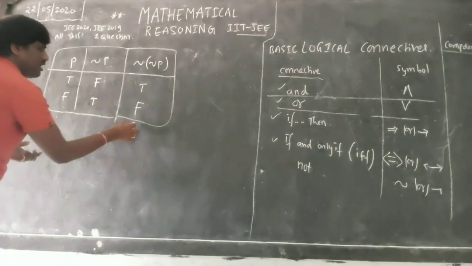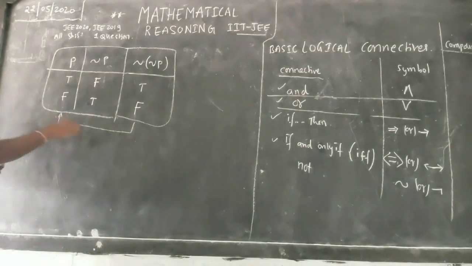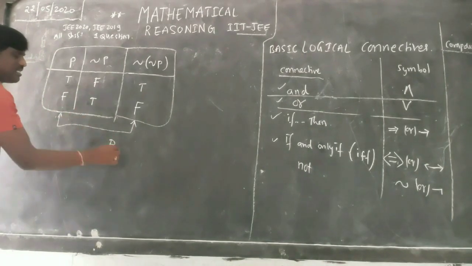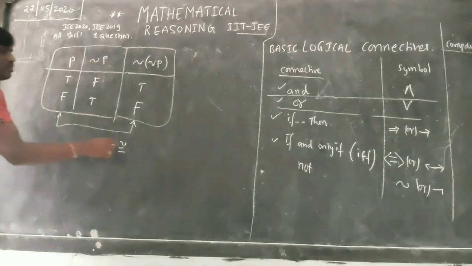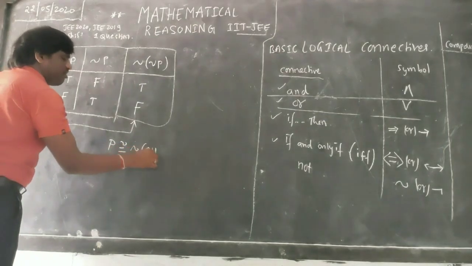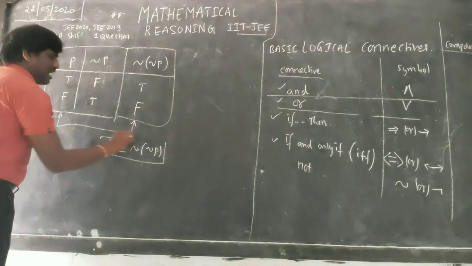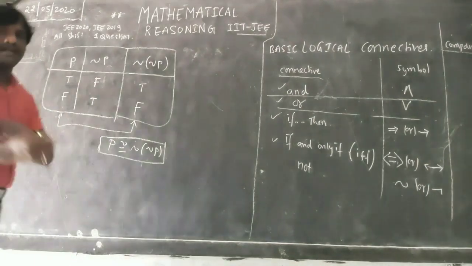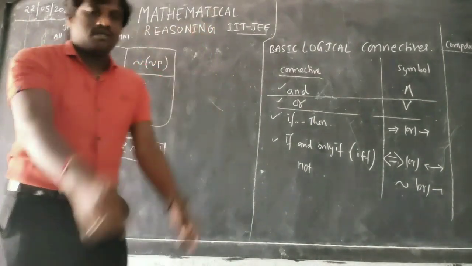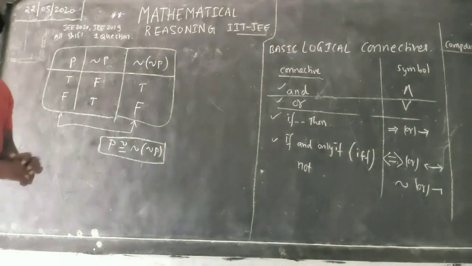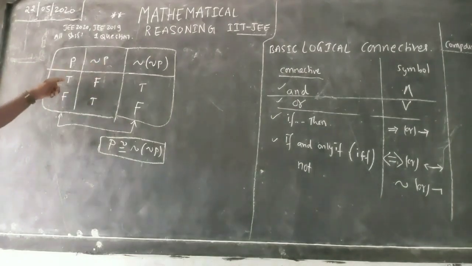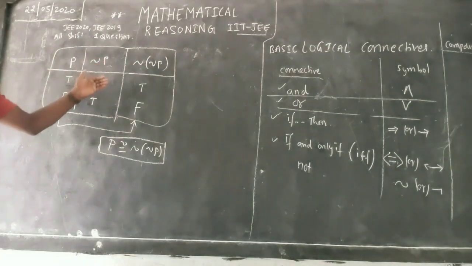What you observe is that these two are identical to each other. It means I can say that P is equivalent to negation of negation of P. These are called identical statements. P is written as TF, negation of P will be FT.